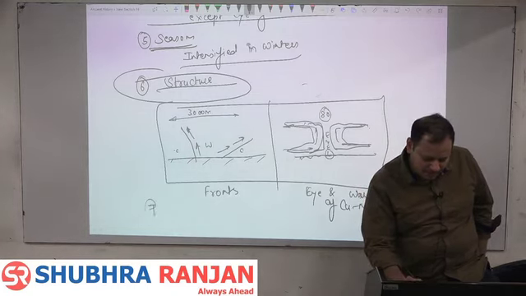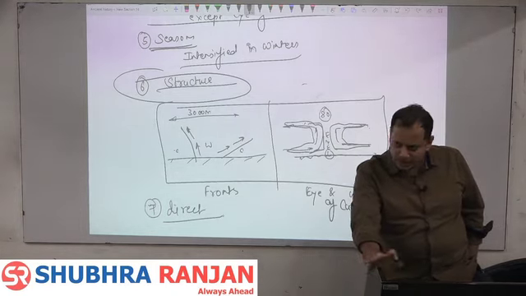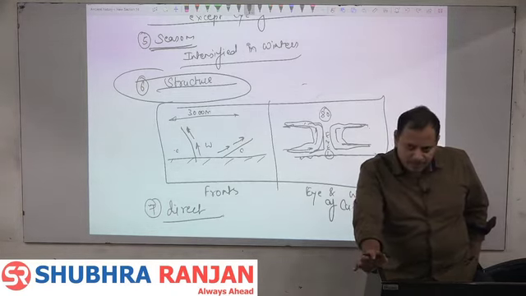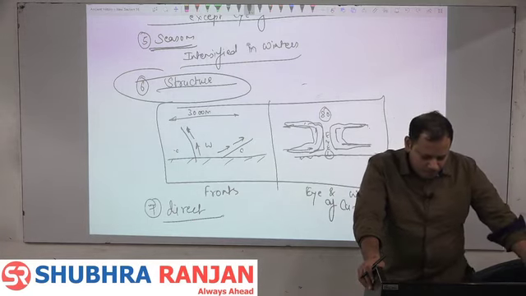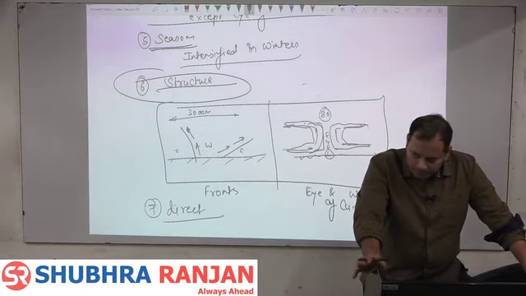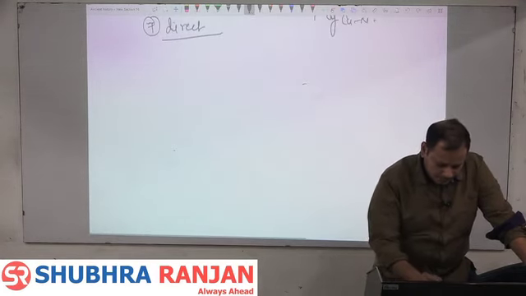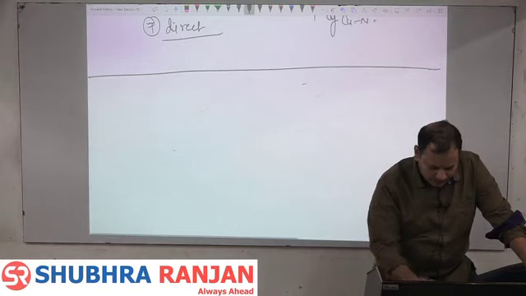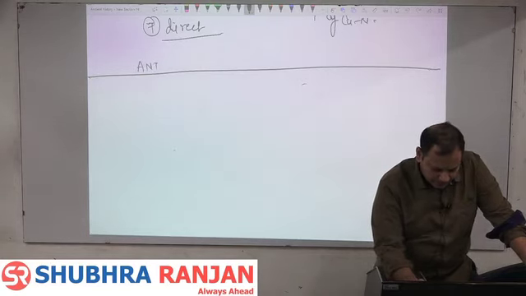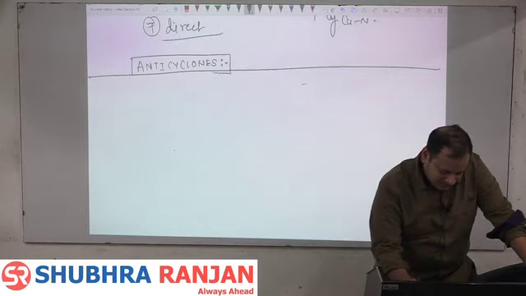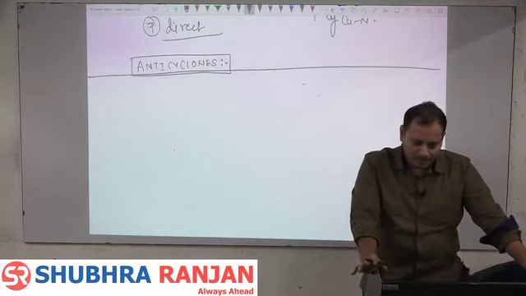And lastly, direction. East to west, west to east. Done with this? Make a 3 pages answer. Clear? Anticyclones.